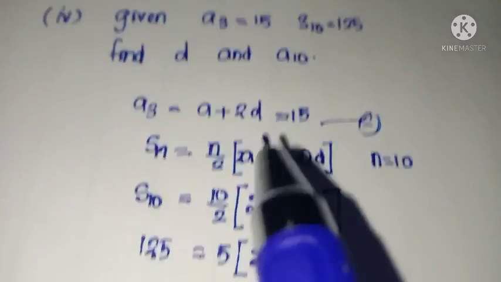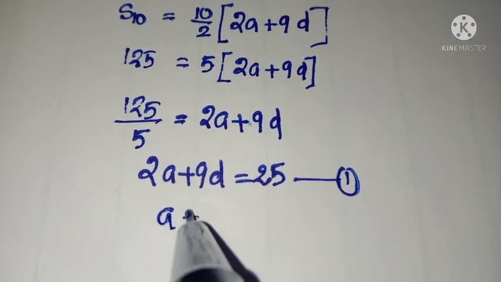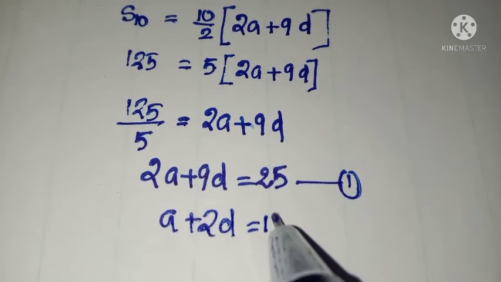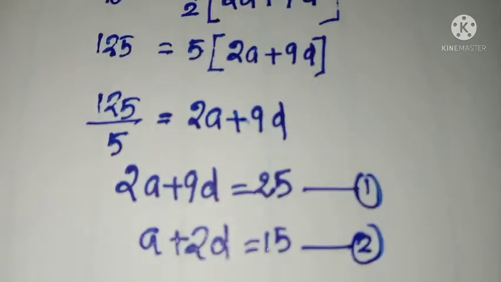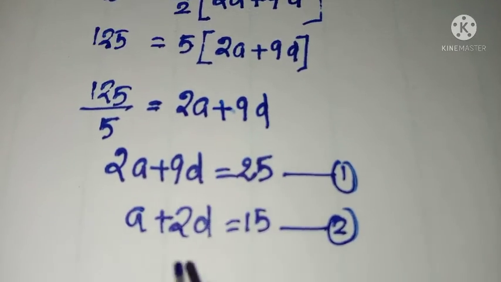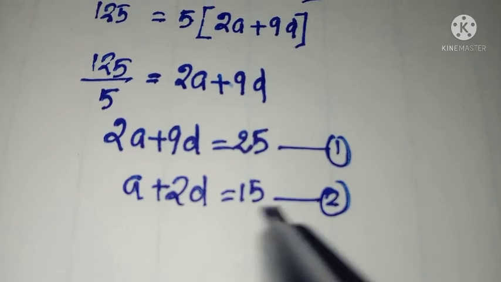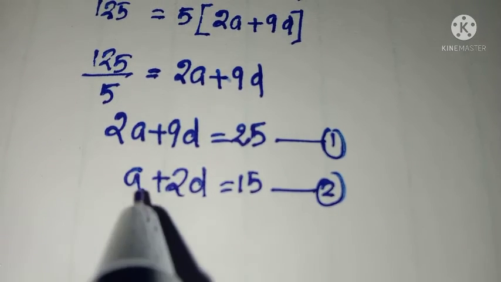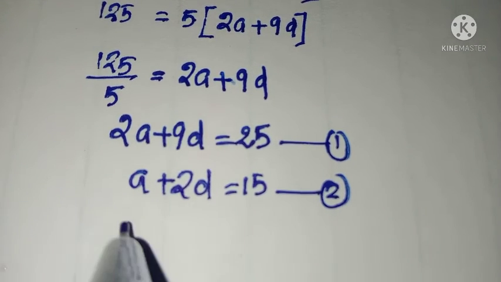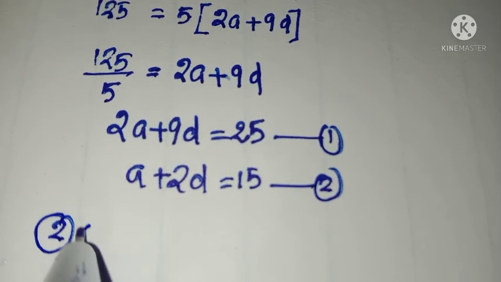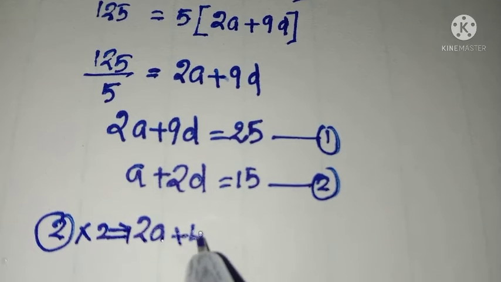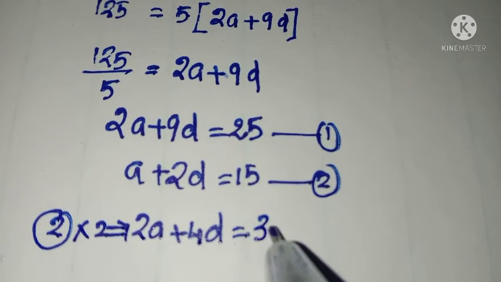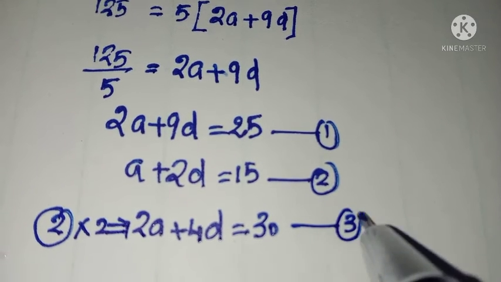A plus 2D is equal to 15 and 2a plus 9d is equal to 25. Now solve these two equations. So here multiply 2 throughout in the second equation, we get 2a plus 4d is equal to 30. Put it as equation number 3.